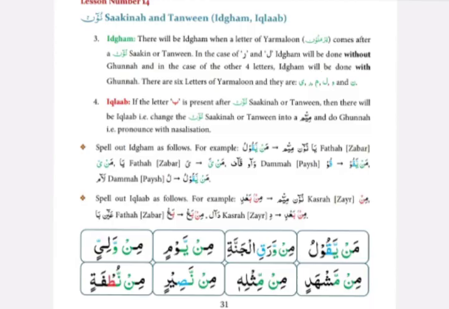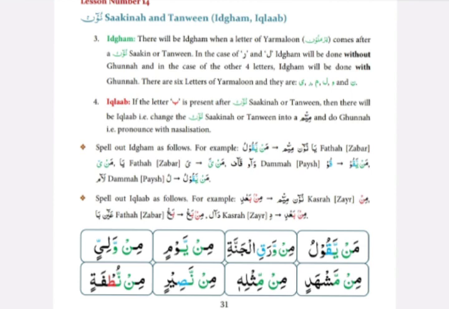Let me show you some examples with Idgham. Please look at the first box in line 1. You can see Noon Sakin in this box, and after Noon Sakin, Ya is coming. And you just learned that Ya is from Yarmalun letters, so Idgham will be done here. You have to pronounce Noon Sakin with Gunna.